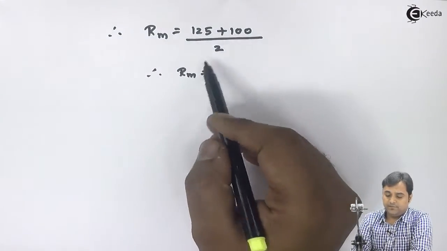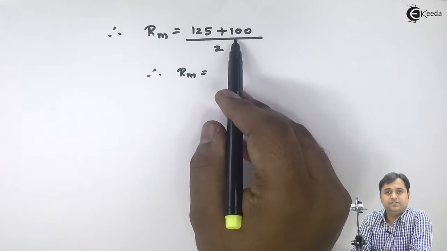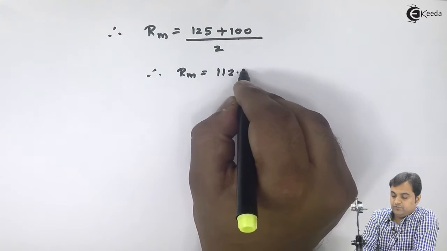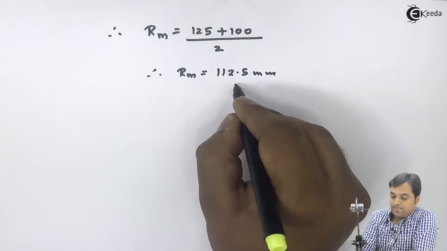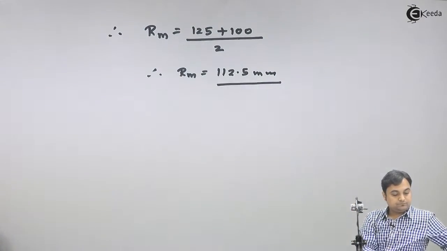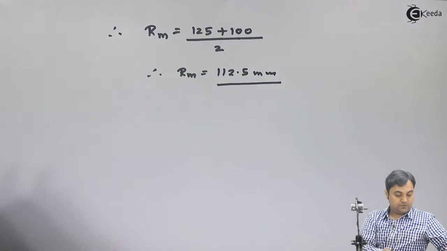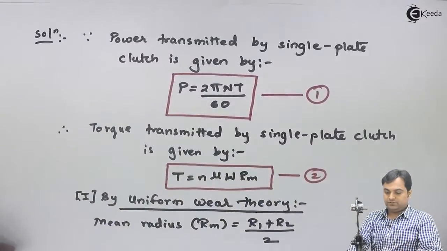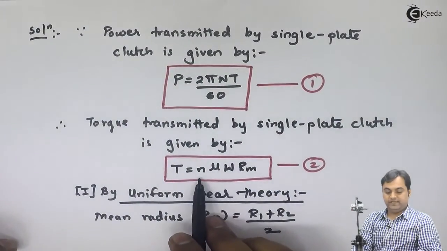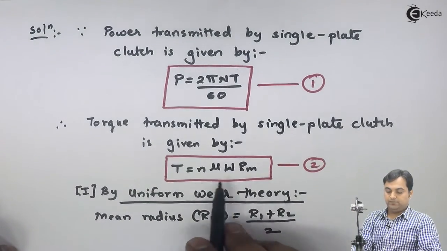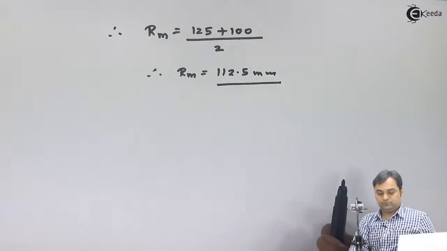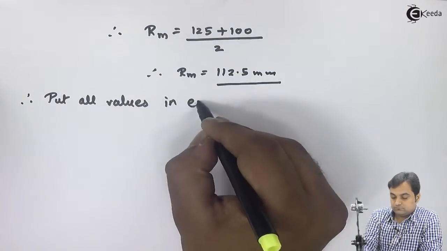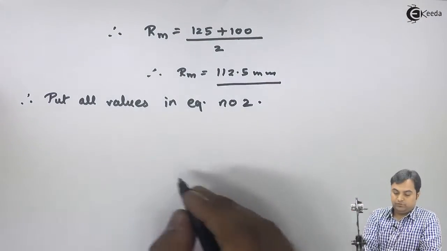Therefore Rm will be 125 plus 100, that is 225 divided by 2, so that comes out to be 112.5 mm. Next, after calculating Rm, since I know the value of W, mu and n, it is given in the question, I'll put all values in equation number 2.